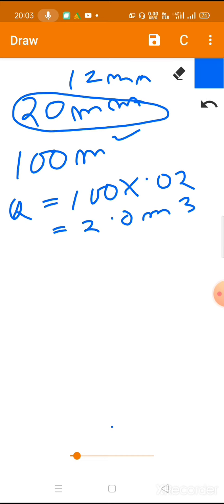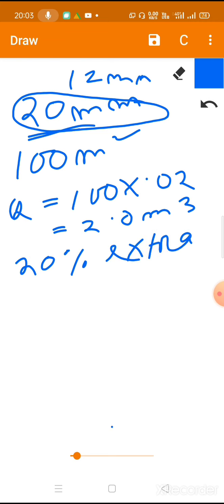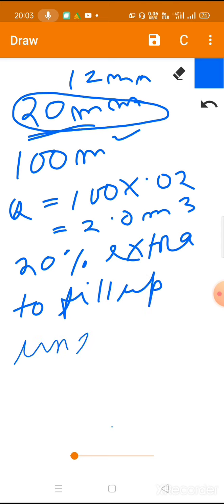So if the thickness is more, then we are not going to take 30% extra, we are going to only take 20% extra to fill up uneven spaces.